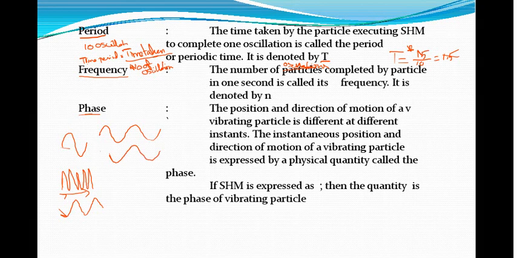So these are some examples of what we have studied already. Periodic or harmonic motion: periodic motion means, as I said, the motion repeats at a regular interval of time.